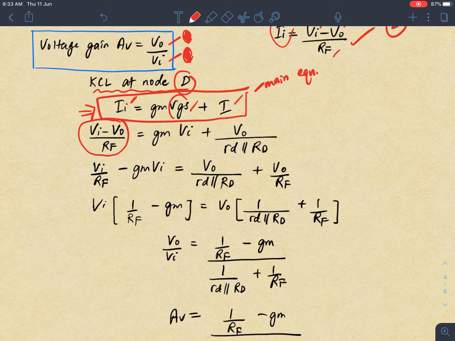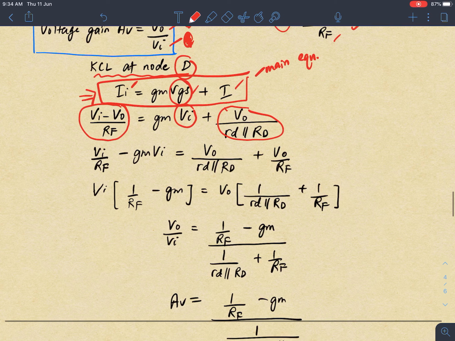For the VGS, I get V in, and I is V out over parallel rd and RD. Then we expand the equation. At the left side is V in, so bring this GM V in to the left side. It becomes V in over RF minus GM V in. And at the right side is V out, so this RF we bring to here.